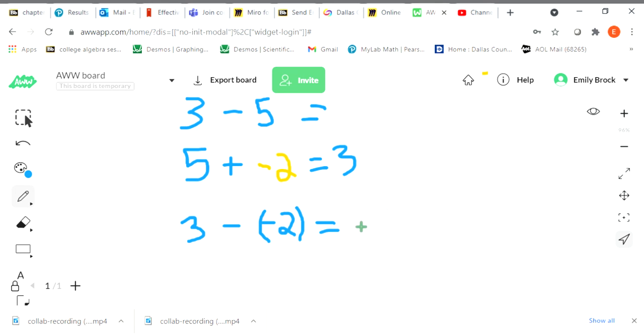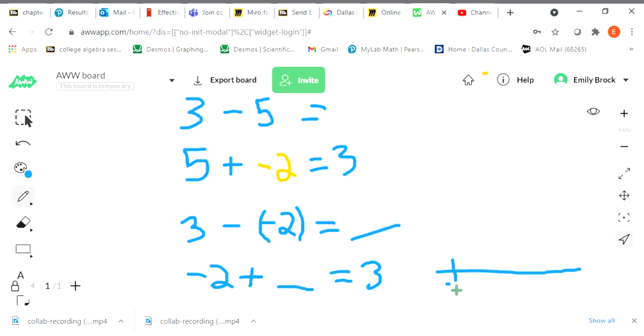So what we're going to say is, okay, if I start at negative 2, what do I have to add to negative 2 to get to 3? The first number is where you want to end up. So negative 2 plus what will equal 3? You could count from negative 2 up to 3. You could do a number line.